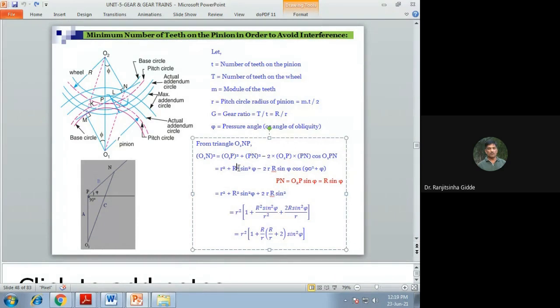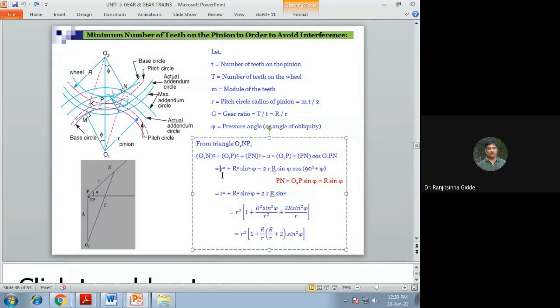We have squared it, so capital R square sin square phi, minus 2 into O1P into Pn into cos O1Pn. O1P we write as r, Pn as capital R sin phi, and cos of 90 plus phi.